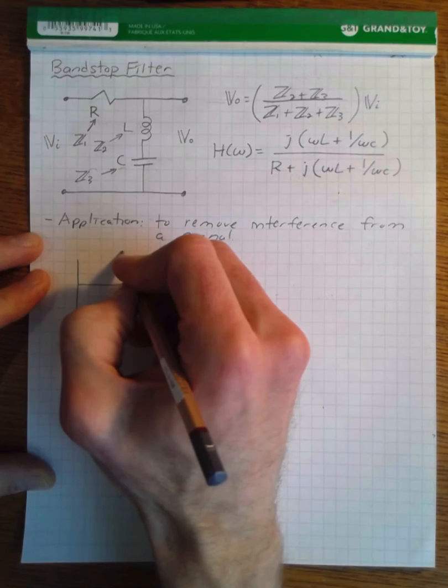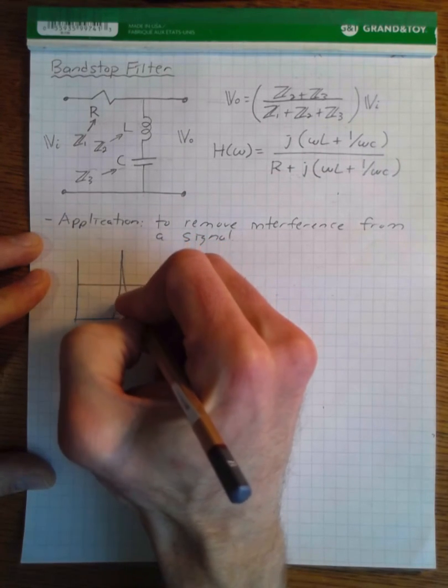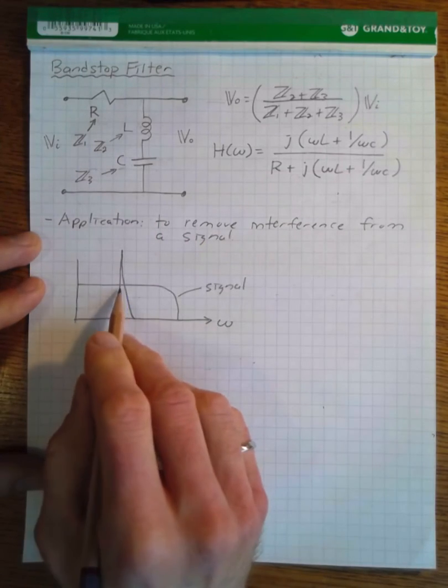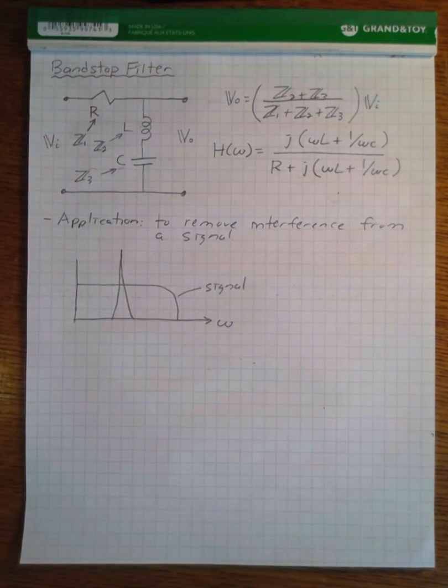And for some reason you have an unwanted interfering signal that is very narrow, right in the middle of your signal. And an example of this might be 60 hertz buzz in an audio amplifier or something like that. You can hear that kind of power line type buzzing in your equipment.